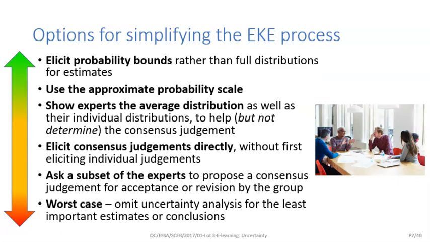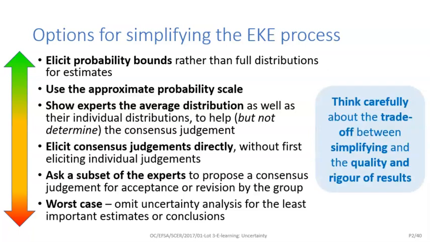The first 2 options in the list are good and are described in the guidance on uncertainty. The third, fourth and fifth options are based on experience so far and are not yet in any published guidance. They will reduce the quality of the judgments or the protection against bias to some extent, so you need to think carefully about the trade-off between simplifying and the quality and rigor of results.